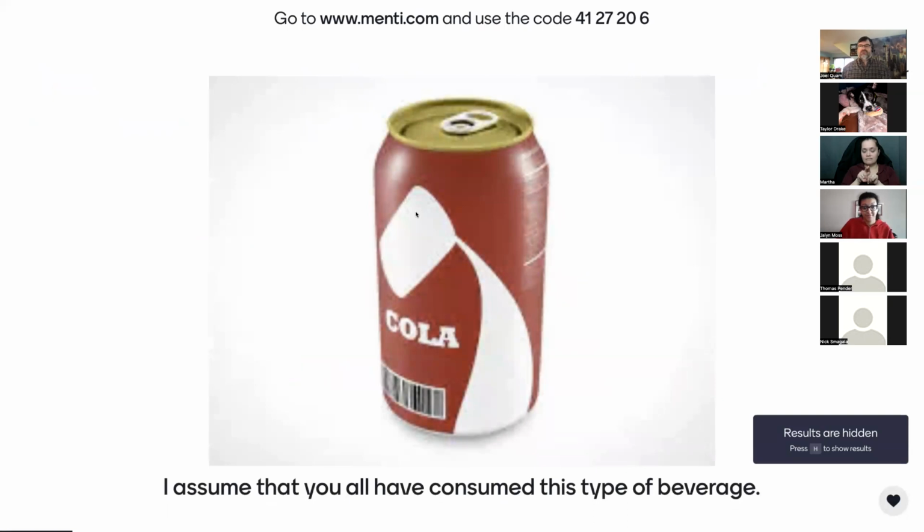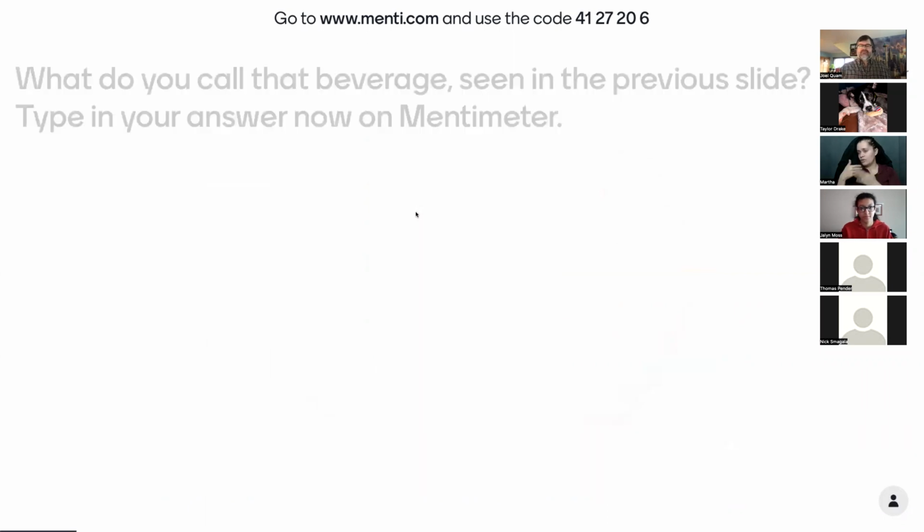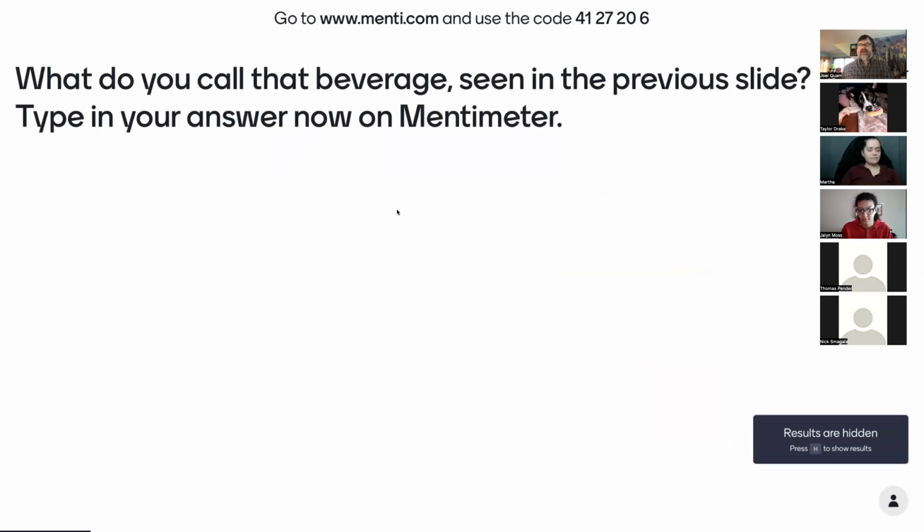All right, now this type of beverage, it says cola on there. I'm not worried about that word. I'm thinking though a carbonated sweetened beverage. I'd now like you to type in what that is.